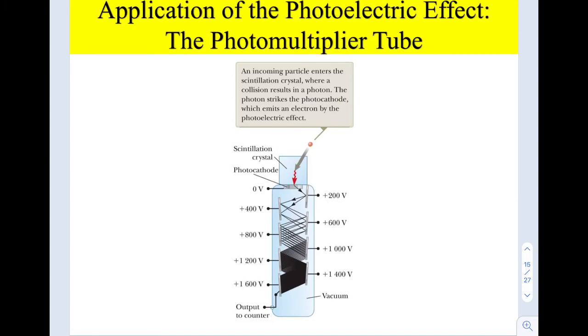An application of the photoelectric effect is the photomultiplier tube. An incoming particle enters the scintillation crystal, where the collision results in a photon. The photon strikes the photocathode, which emits an electron by the photoelectric effect. This is the main concept used.